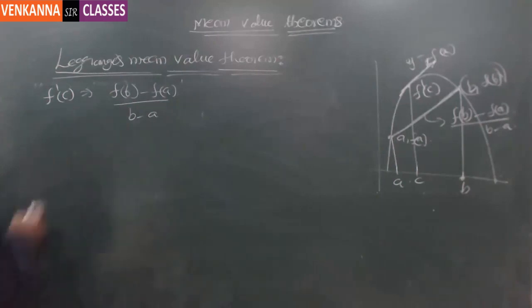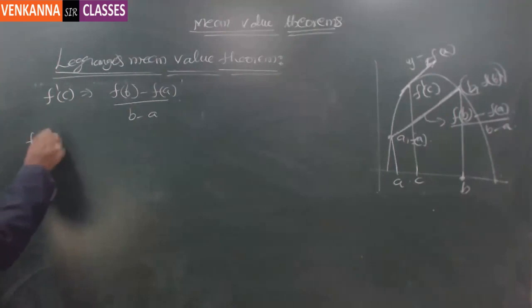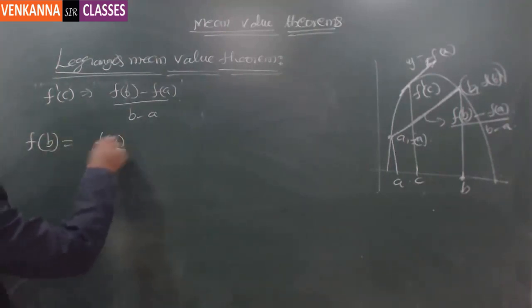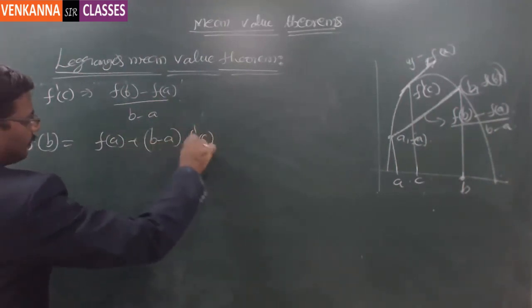If you simplify this equation in a different format, f of b is equal to f of a plus b minus a times f dash of c.